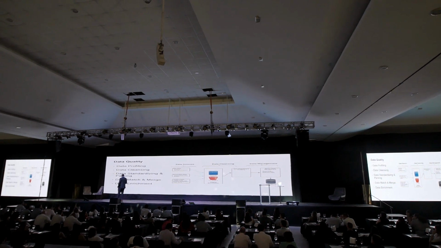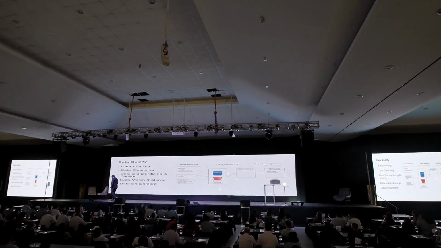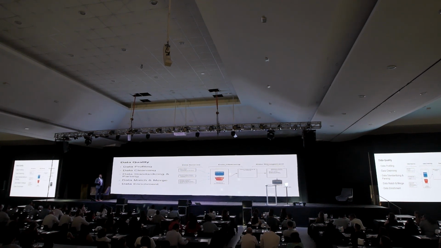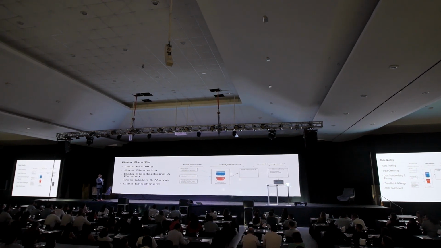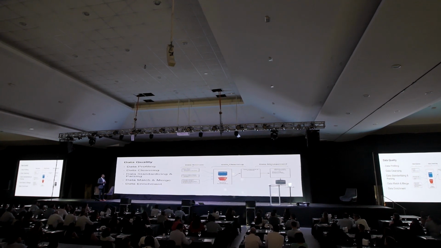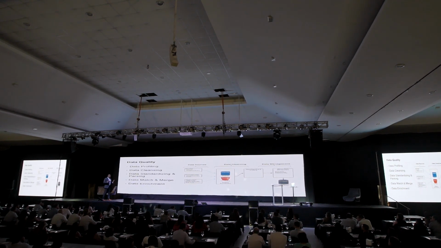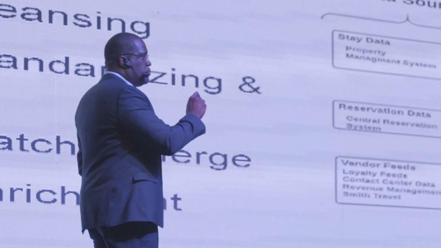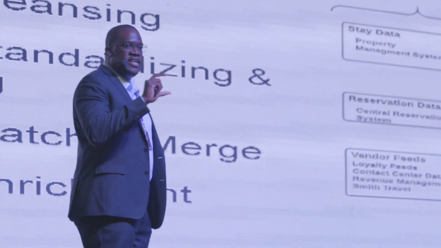The next one is going to be data cleansing. What do I mean by data cleansing? Data cleansing means I'm going to take my data and run it through some type of system that says, I want to pull out commas. I want to pull out data that doesn't make sense.